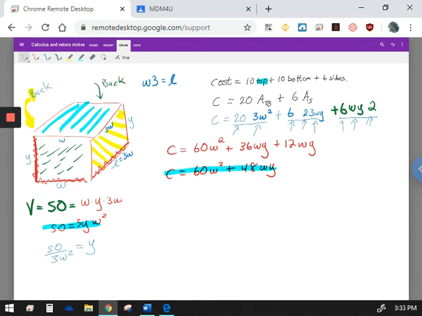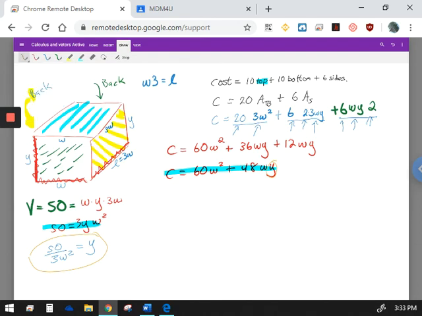So now I've got my cost function because I know that y is right there, right? So if I look closely at this, here's y, and here's y as well. Okay, so we're going to go ahead and do that.